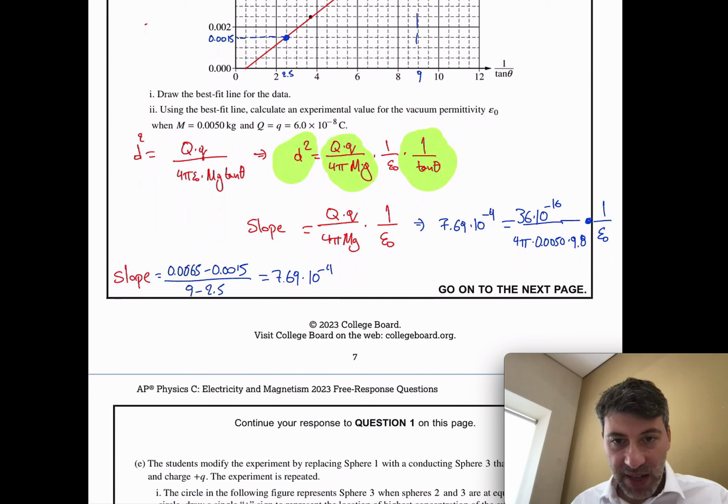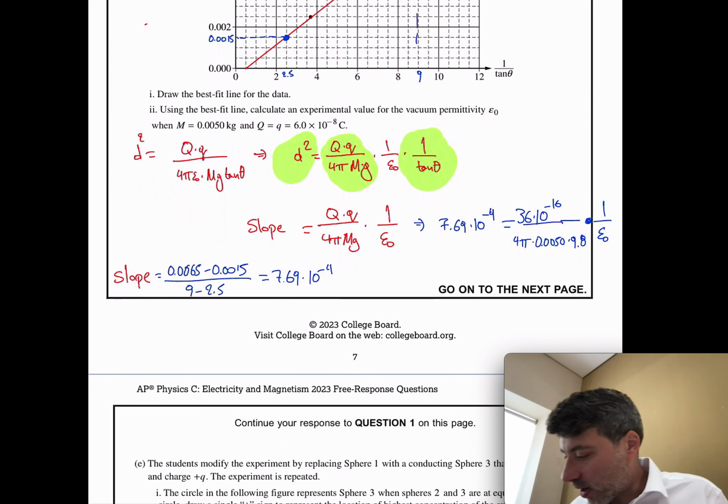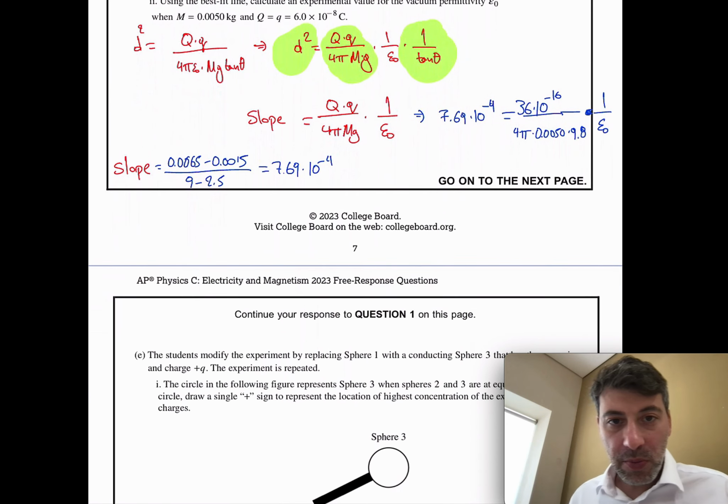Now I must have made some error in my calculation, so give me some time to repeat, or maybe we have to be a little bit proper here. The slope is equal QQ over 4 pi mg epsilon and 1 over epsilon 0.